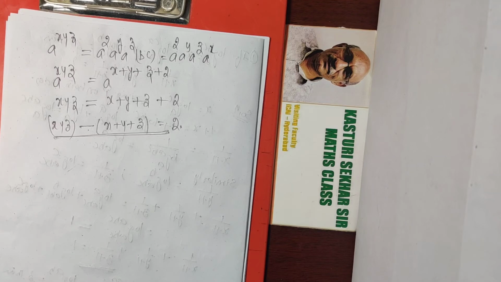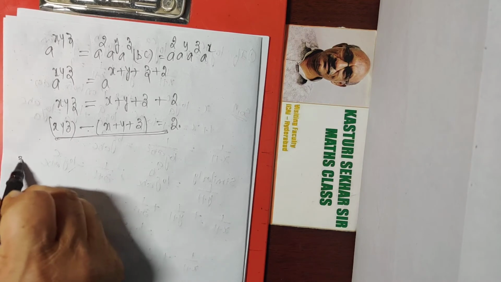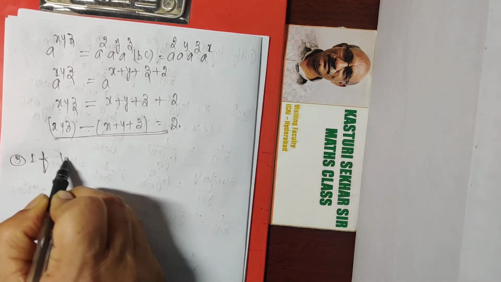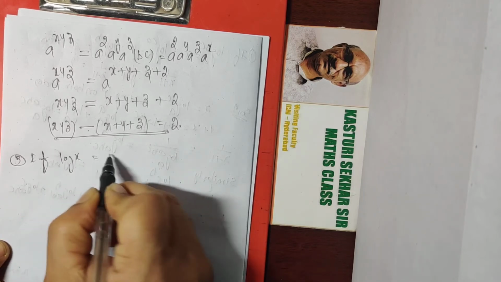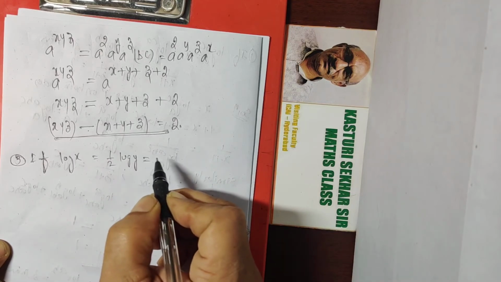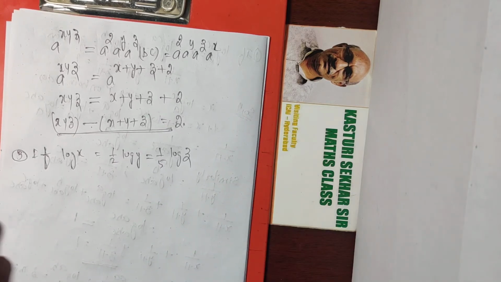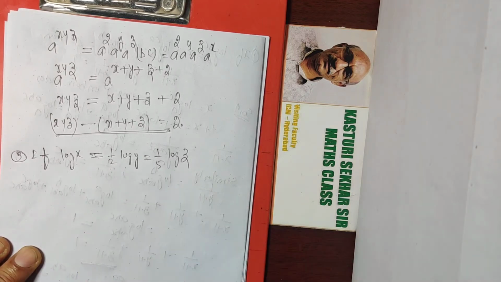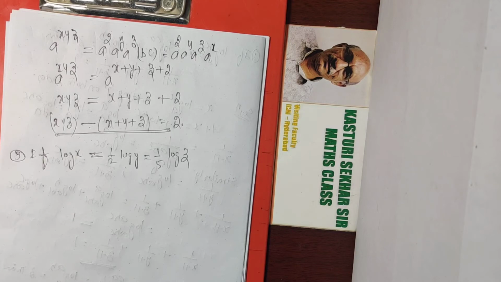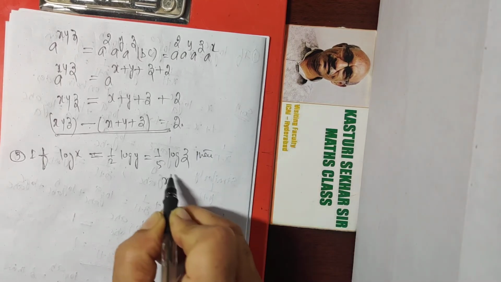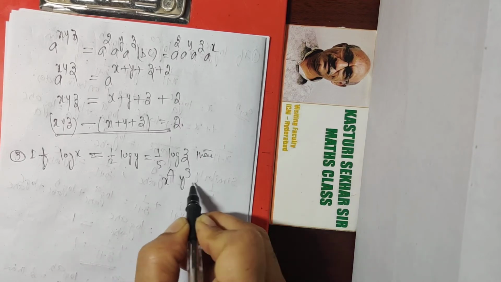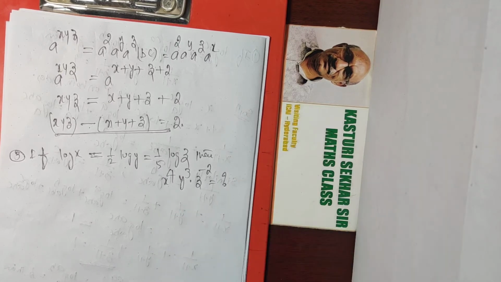Next question number 3. If log x is equal to 1 by 2 into log y, this is equal to 1 by 5 into log z, then x to the power of 4, y to the power of 3, z to the power minus 2 is equal to question mark.